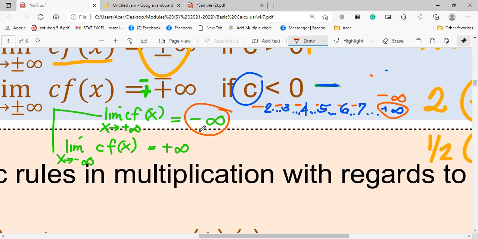Pero kung x, di ba, ang attachment natin sa positive infinity, we say it's positive values, isn't it? We attach these two words to that of positive infinity. Negative infinity, negative values, isn't it? So what if you have negative values?